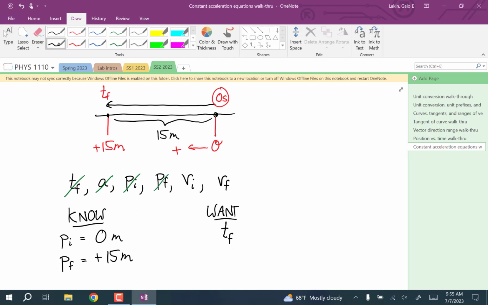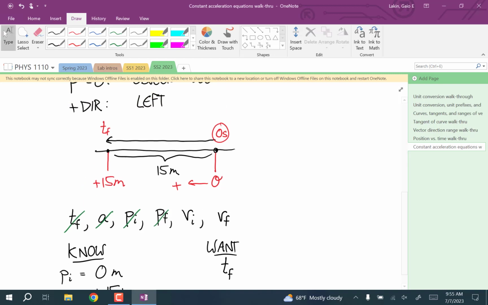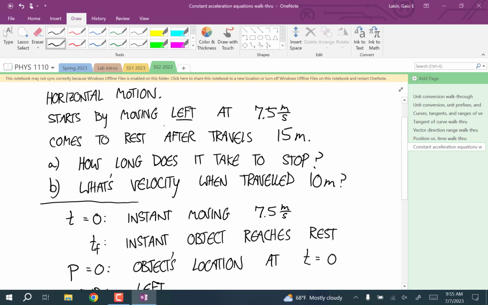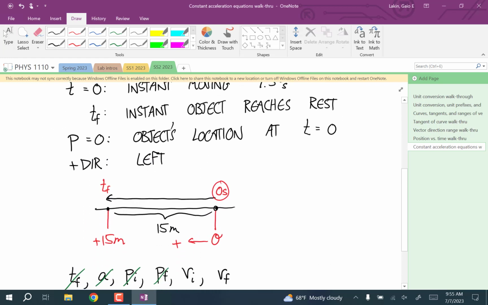Okay, now do we know V initial? That would be the velocity at time equals 0. Pause and see if you have an answer to that one. Okay, well, we're given that the object is moving at the instant that we chose as our time equals 0, the object is moving 7.5 meters per second.